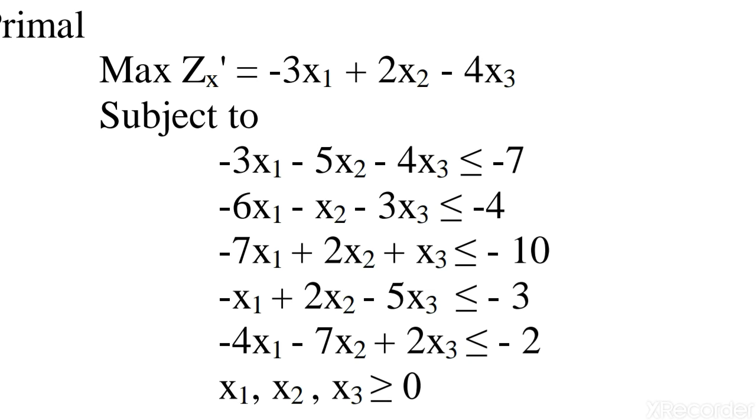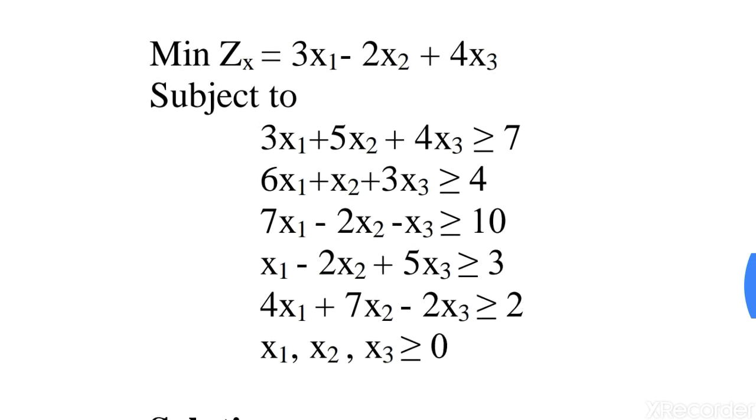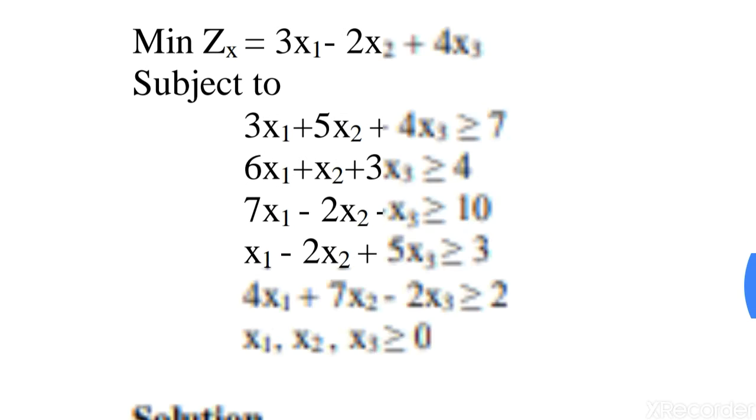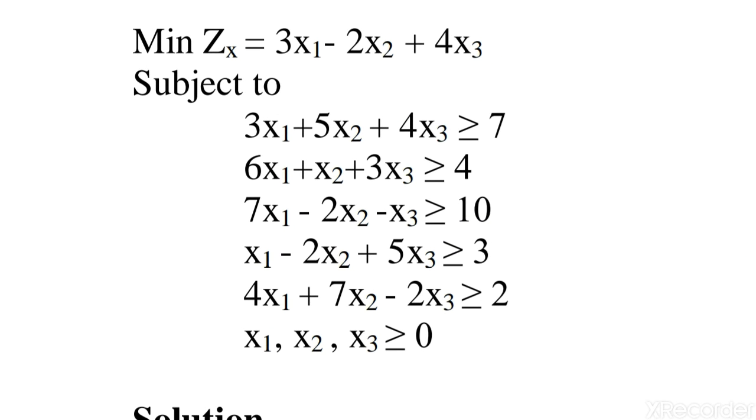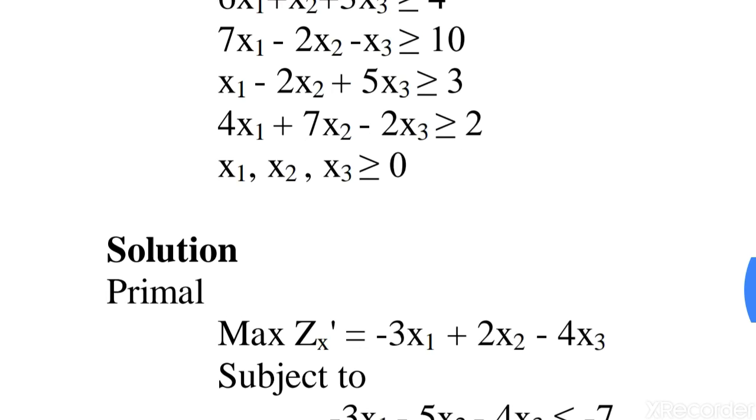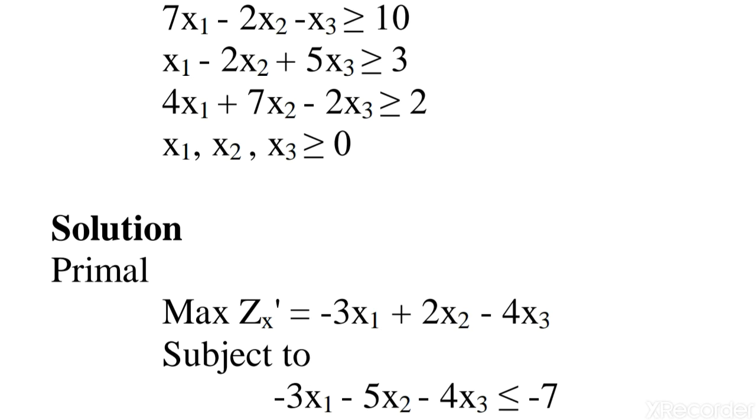But here in the problem, after the first step, when you change from minimization to maximization, the constraints go wrong, which means the canonical form is invalid, because here you have all greater than or equal to, but for a maximization objective function, the constraints should be less than or equal to.